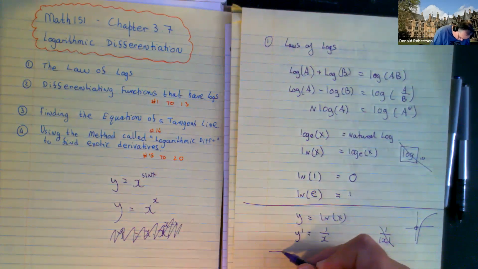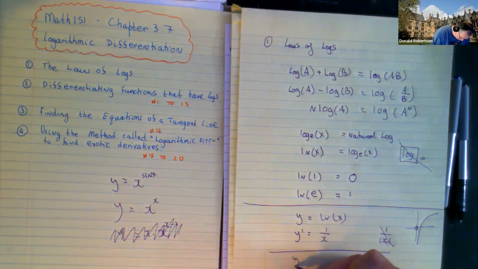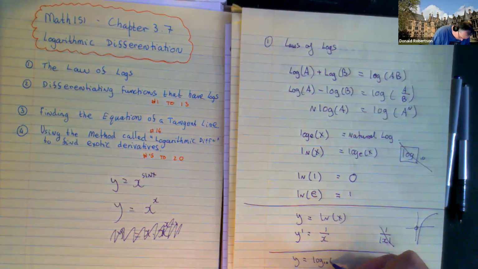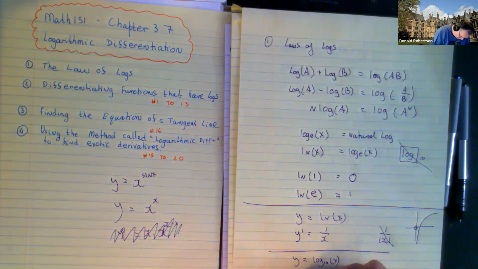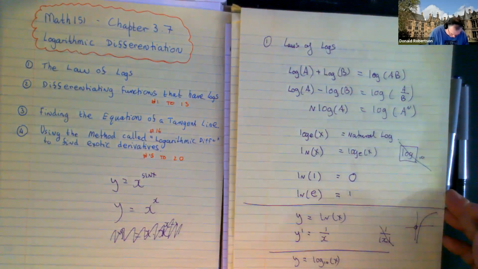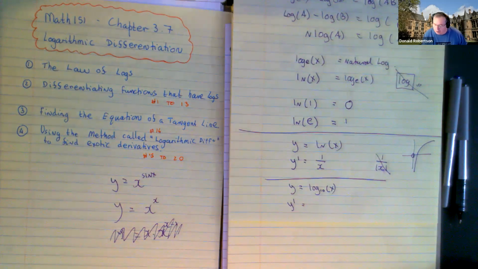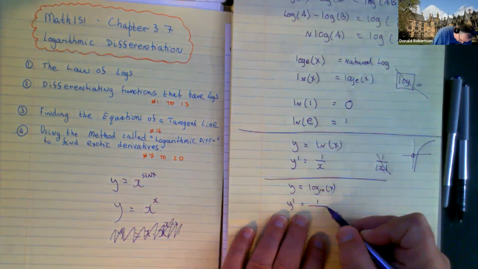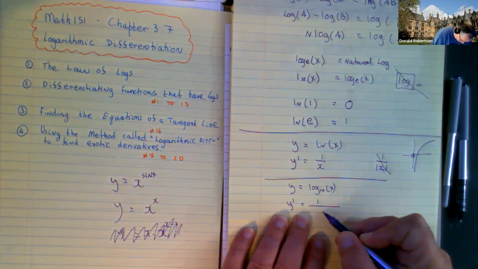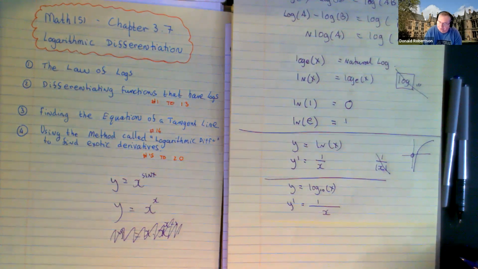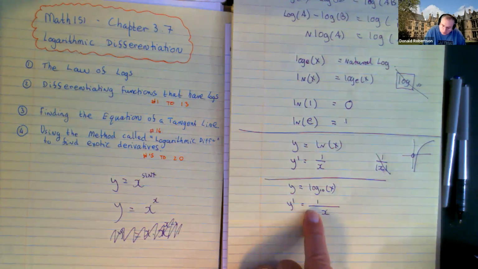Of course, there are other logs. We need to know what the derivative of this guy is. And he is actually going to have a 1 over x base to it, but he also has a weird constant.